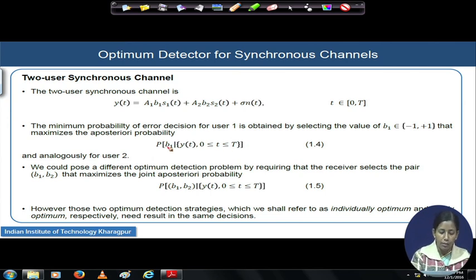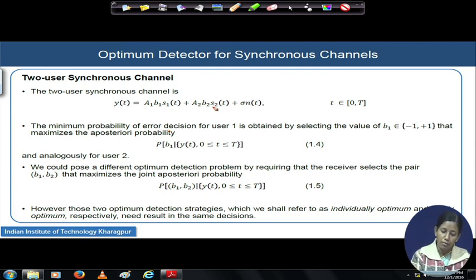If this a posteriori probability is maximized, the value of B1 for which it is maximized will also minimize the error in the decision process.